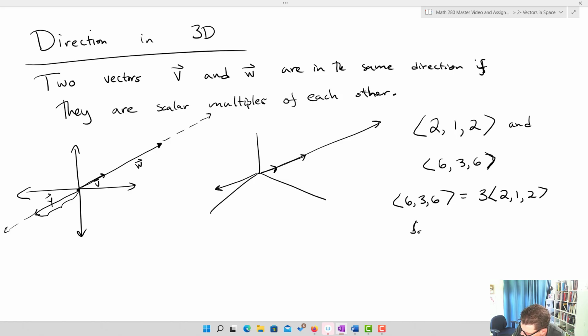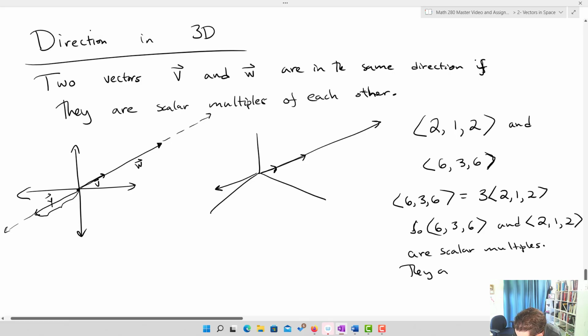So 6, 3, 6 and 2, 1, 2 are scalar multiples of each other. And from a geometry perspective, that means they are in the same direction. One's just longer than the other.